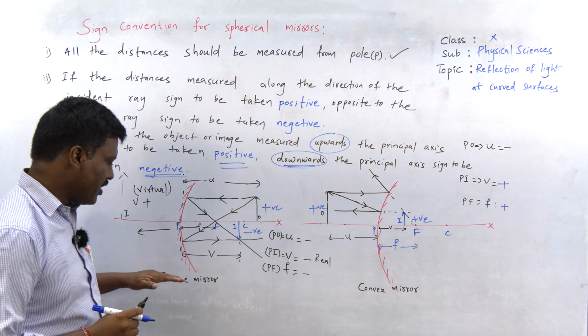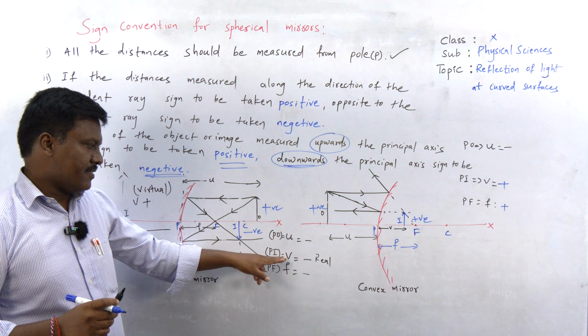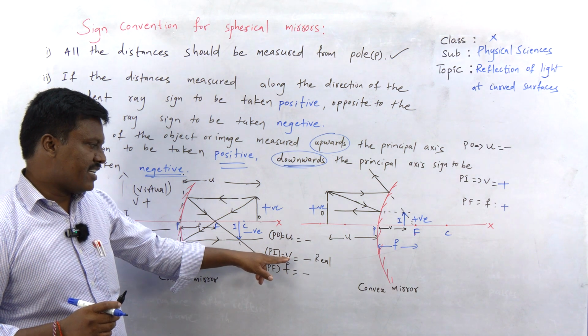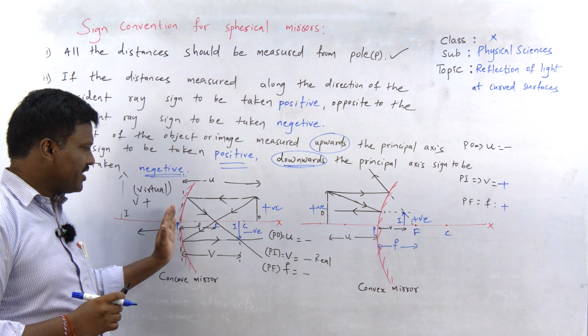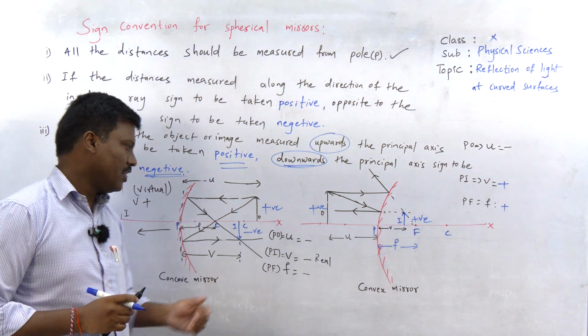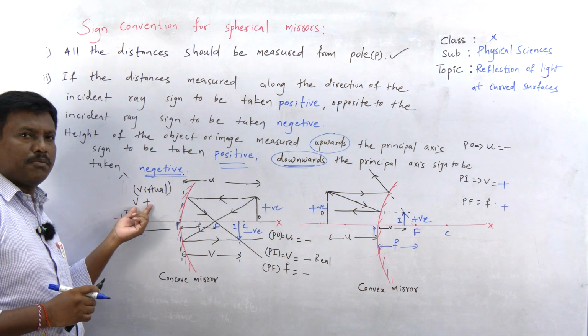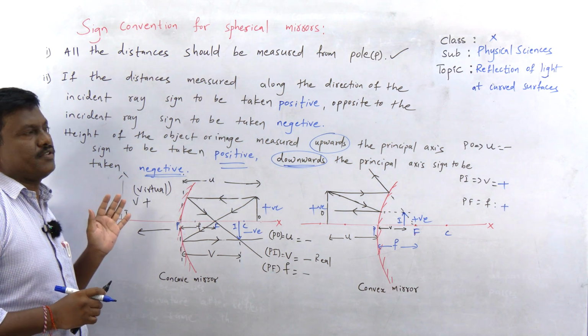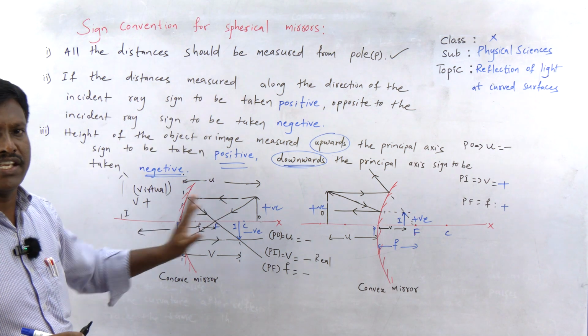And for the concave mirror, you have to focus mainly on the image distance. While measuring the image distance, the sign is negative if the image is real, that means if the image is formed before the mirror. When the image is formed behind the mirror, for a virtual image, the sign is to be taken positive. This is what you have to focus on. Okay, so please learn the sign convention and write down these sign conventions in your notebook.